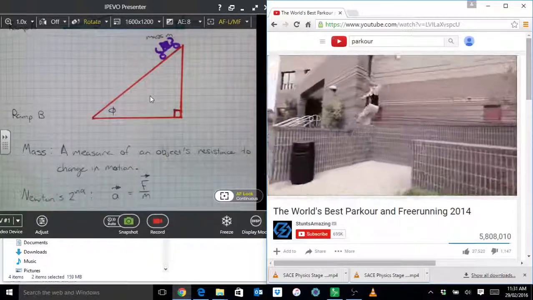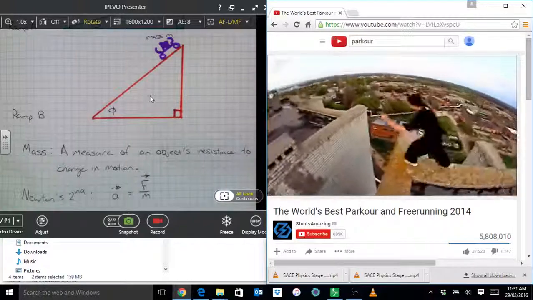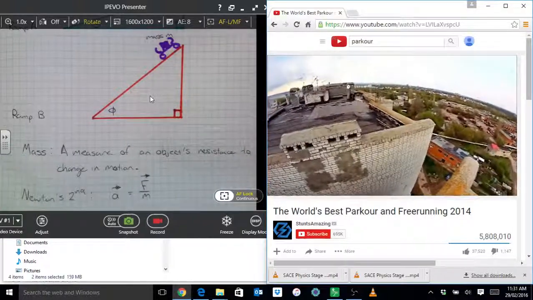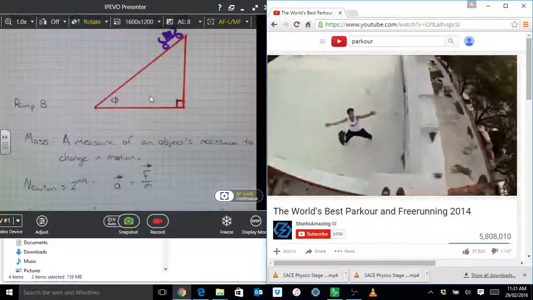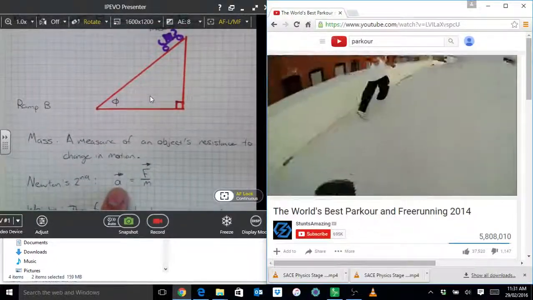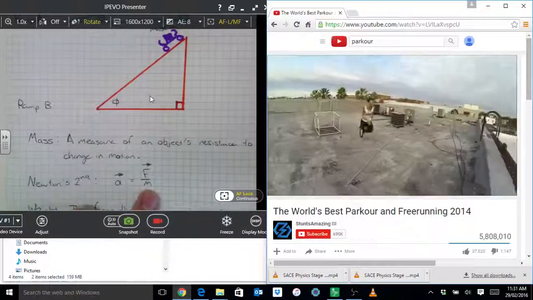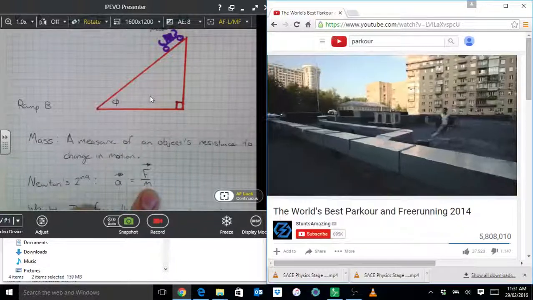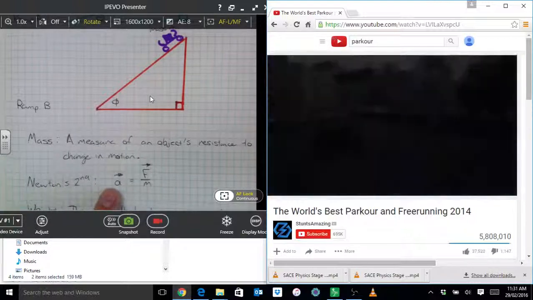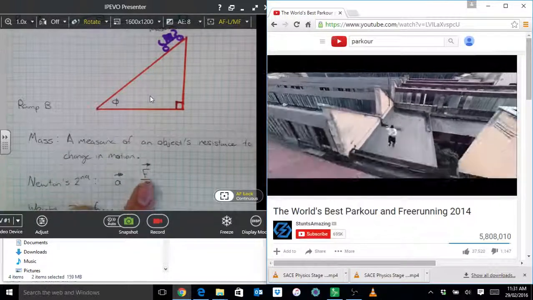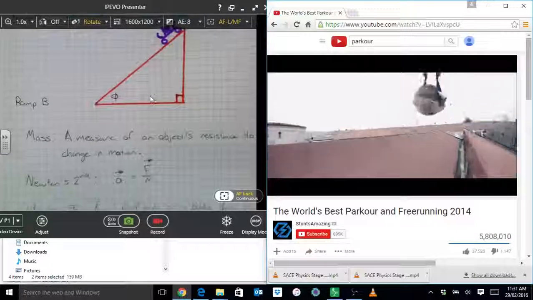So if you've got a mass of objects, regardless of gravity, as we can see from Newton's second law, the amount of acceleration you get out of that is related to the mass. In fact, it is inversely proportional. If you double the mass, you'll get half the amount of acceleration for the same force. Okay, so that's important.